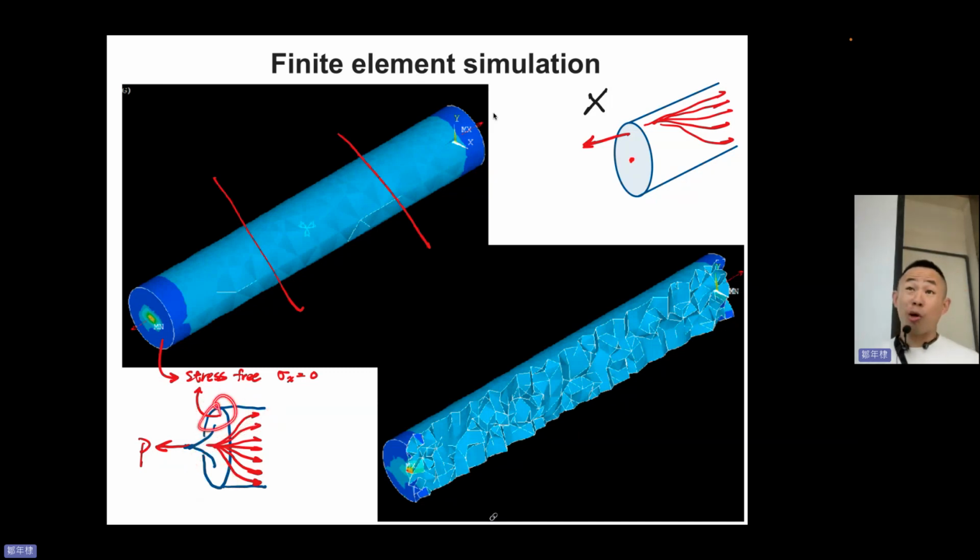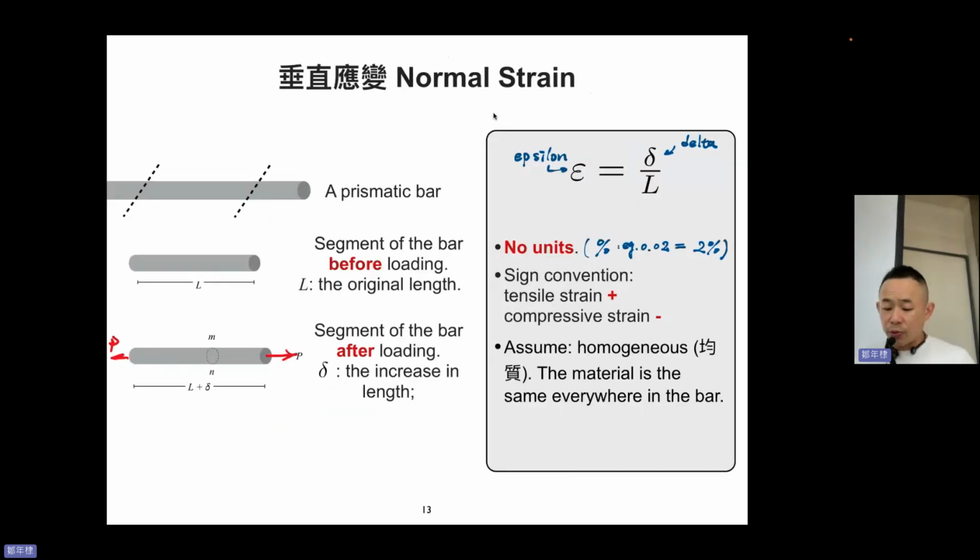It will be dry if you pour down the water, right? This dry region is an analog, really similar to the condition of stress-free, sigma x equal to 0.